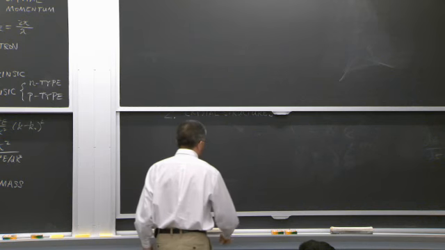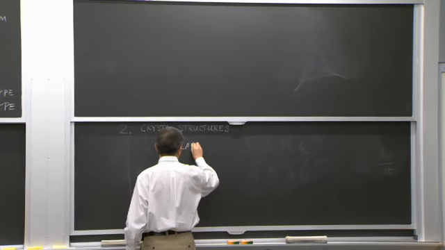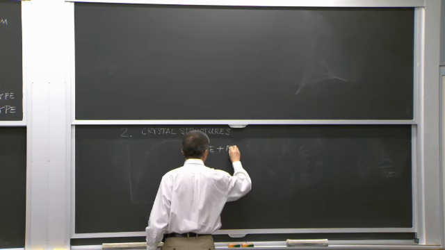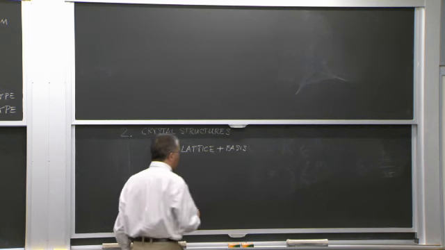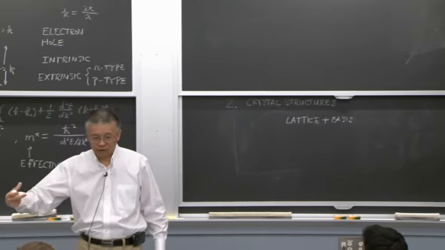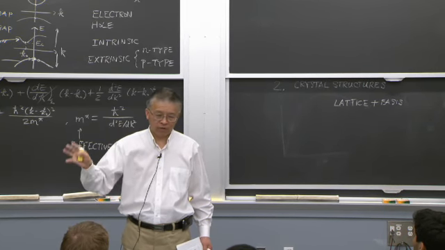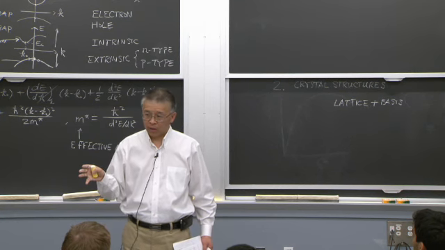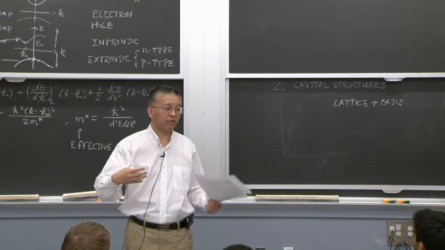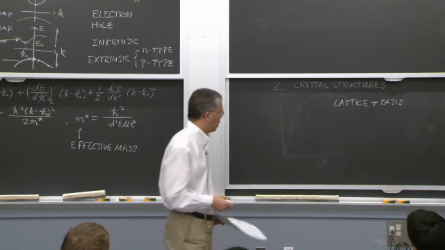So a crystal we can describe as a lattice, which is a mathematical concept, plus a basis. A lattice is a periodic arrangement of points in space, and it's a mathematical concept devoid of any real materials. And by doing that, you can classify different structures of these periodic points.